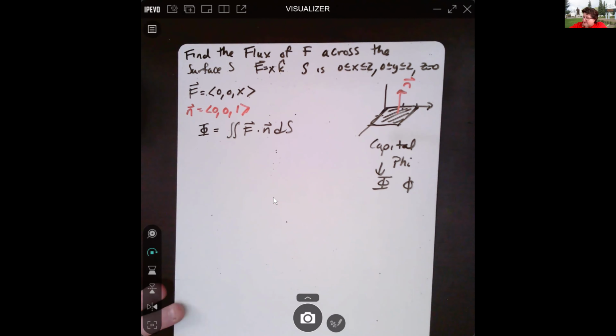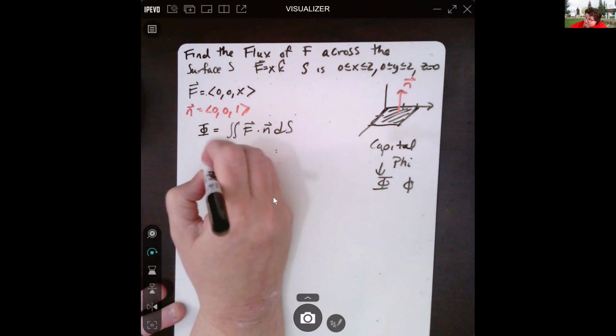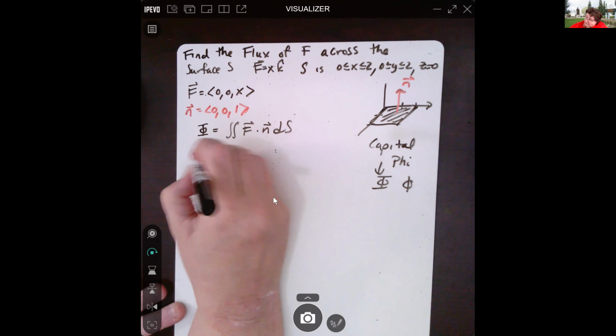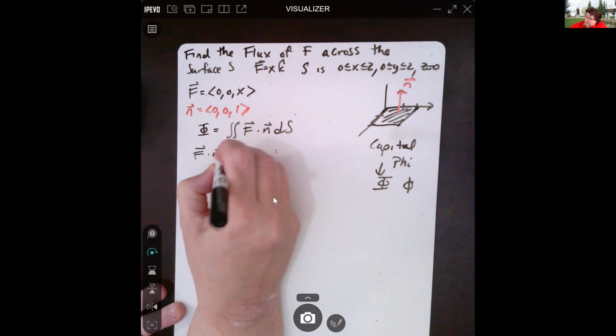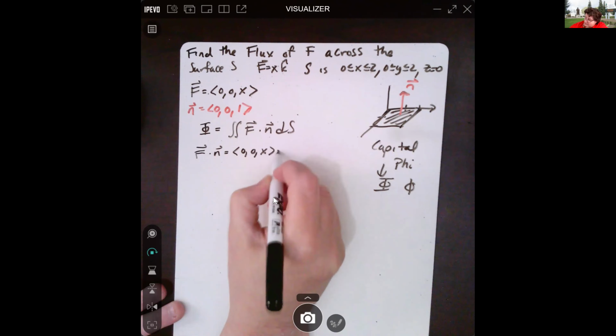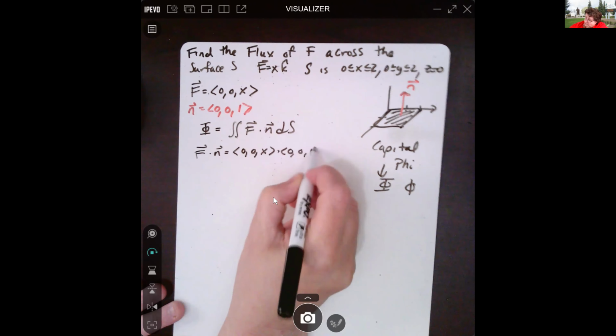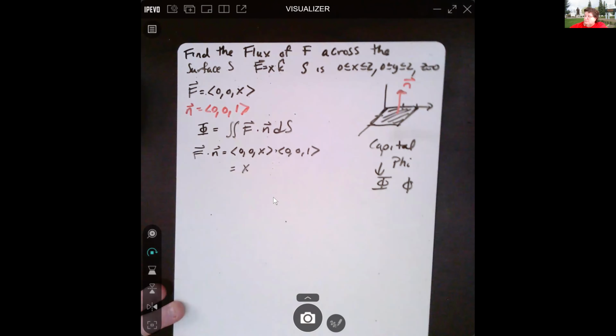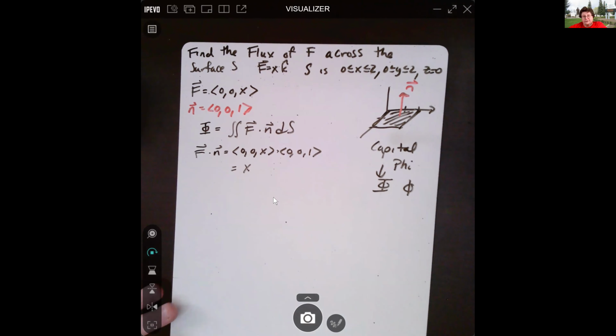So I've got my F dot n dS. F dot n looks like it's just x, right? Remember, we're left with a scalar value after a dot product. It's not a vector anymore. Mr. Jones, can you see how you got F first, really quick?